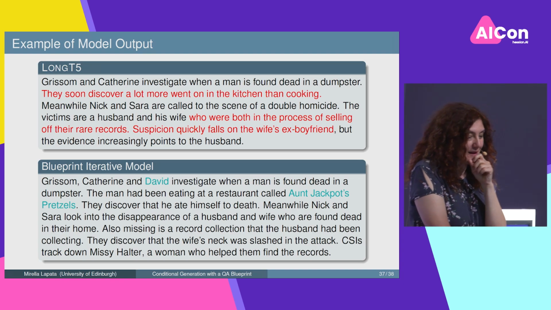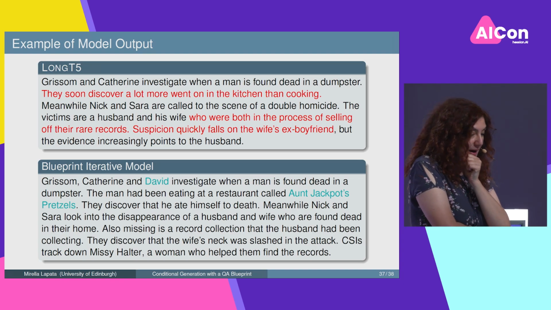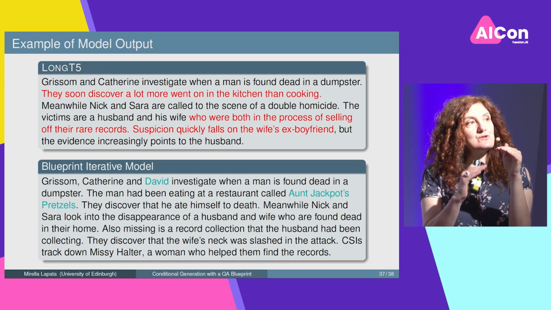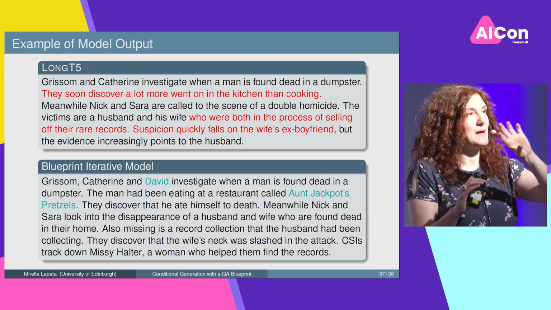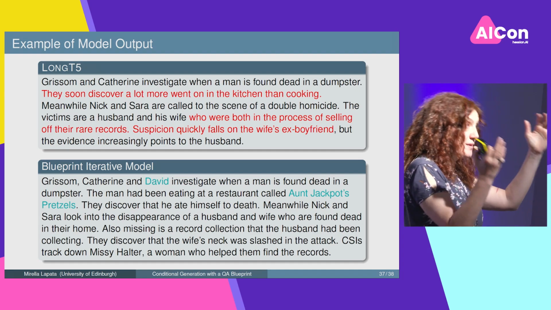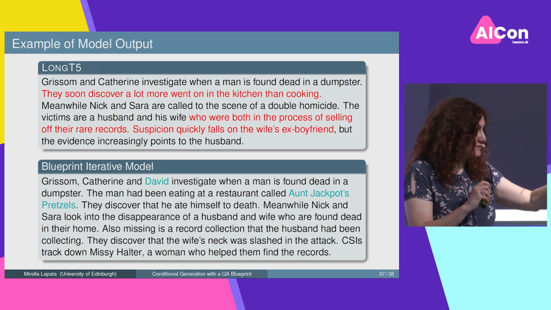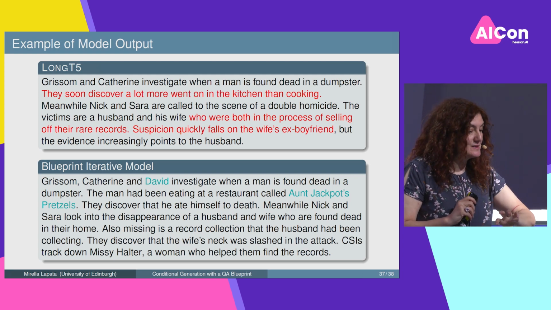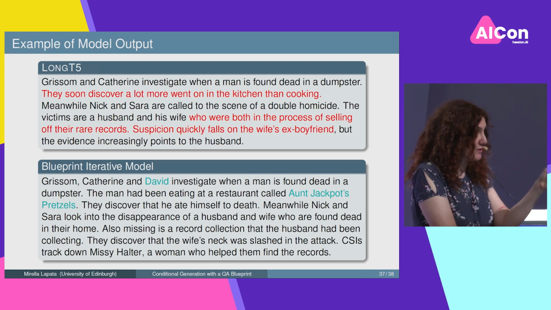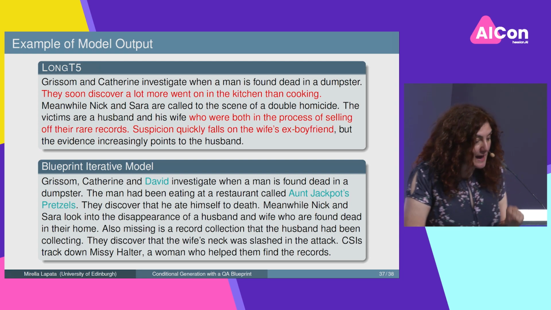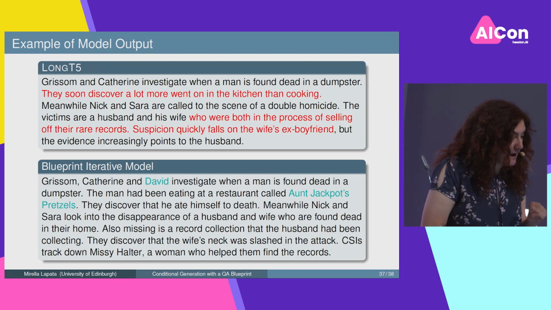Meanwhile, Nick and Sarah look into the disappearance of a husband and wife who are found dead in their home. So usually CSI episodes have like two plot lines, a main one and a secondary one. The model picked up the fact that we have these two plot lines. So there is the man who ate himself to death, and then there is the disappearance of the husband and the wife who are found dead in their home. Also missing is a record collection that the husband had been collecting.